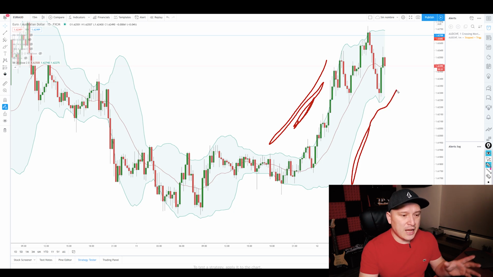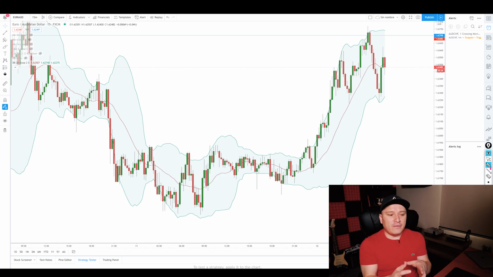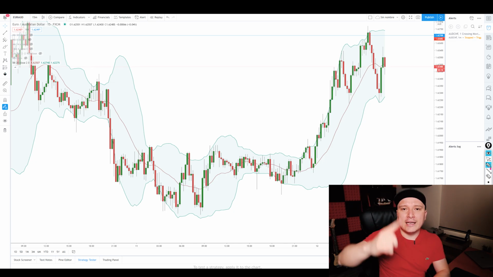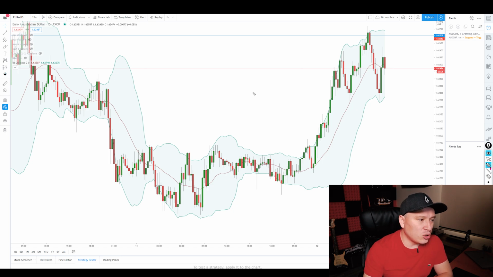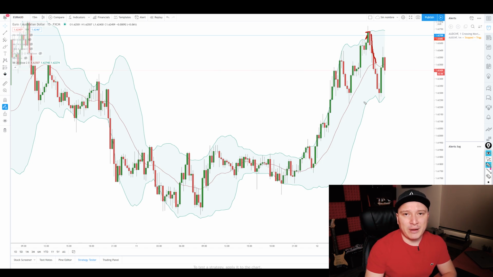These lines have the candlesticks in the middle, and they give you some sort of prediction, or not really a prediction, but they tell you where the boundaries are for the candlesticks at the highest or lowest points. Let me go ahead and show you an example. As you can see, this candle ended up outside of this specific Bollinger Band in this area, and then it started dropping. So that's exactly what the Bollinger Bands do.